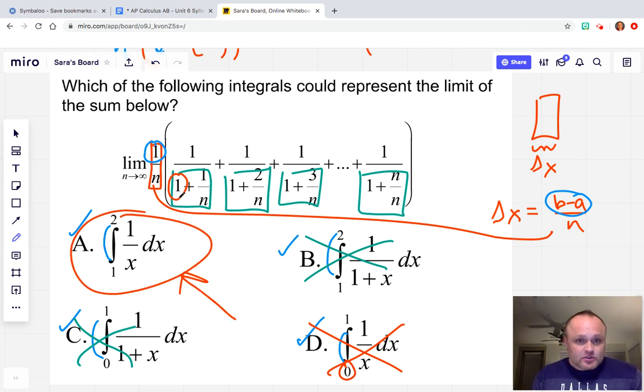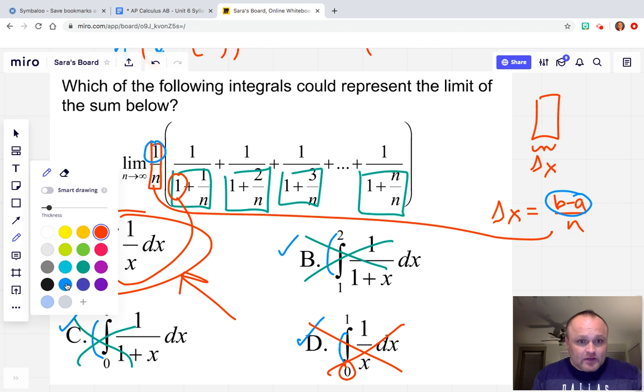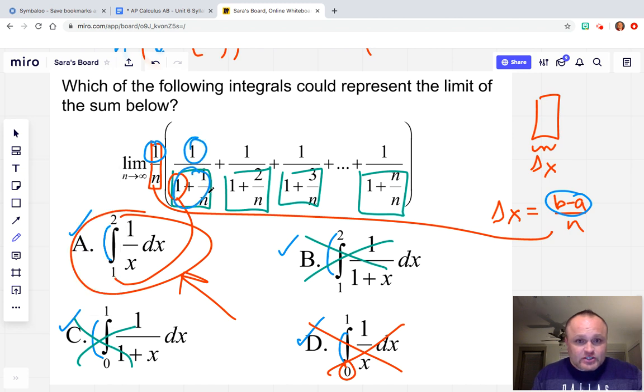Okay, so let me show you with color highlights. Starting at 1, we have a 1 over x change throughout all of this. That's my function. The width was a constant 1 over n, and that width, it's not really drawn there, but that's like the infinitesimal width, that infinitely small width as it approaches 0.